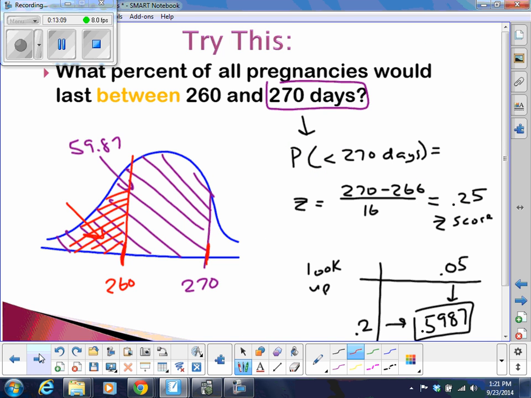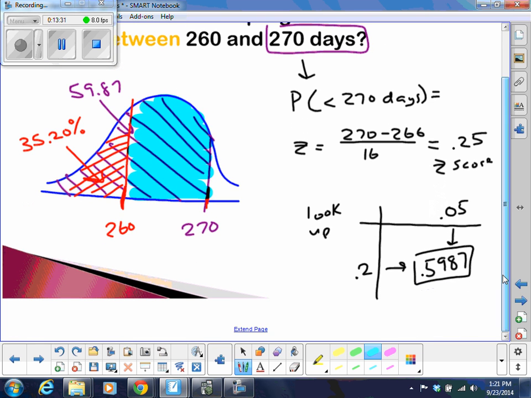Okay, so that red area is 35.20%. So our question was asking, what is the chance that we're in between those two? So we really just want this information here. So that's really just the 59.87 take away the 35.20. Okay, and that would give us our final answer.